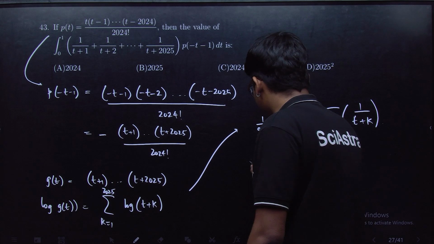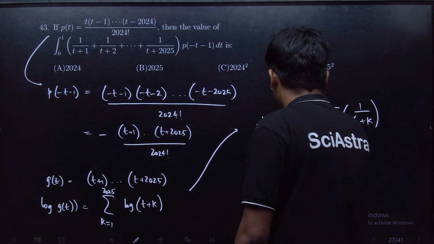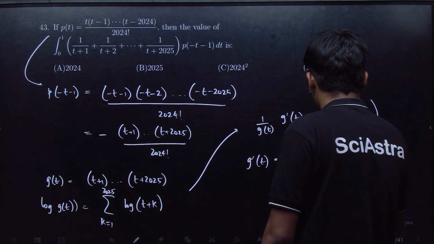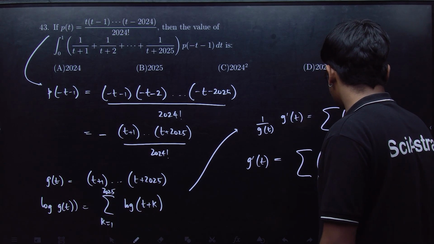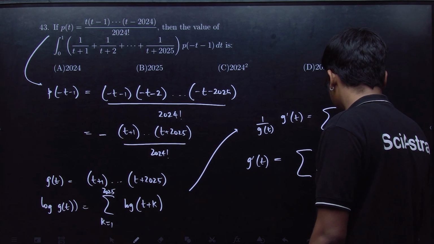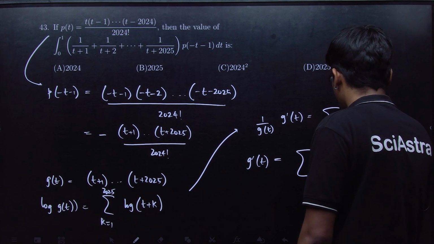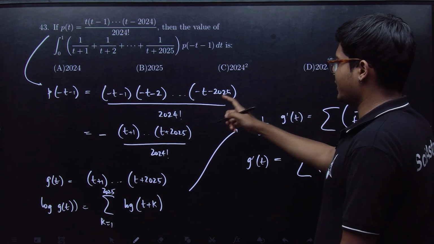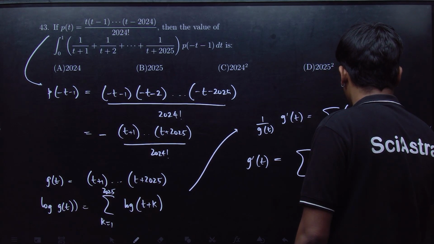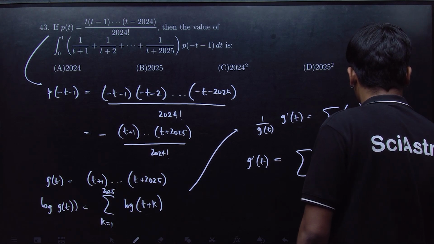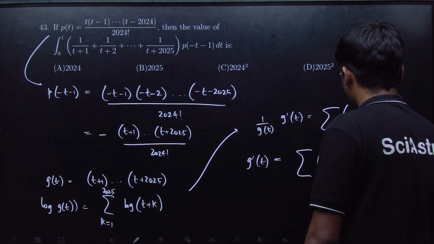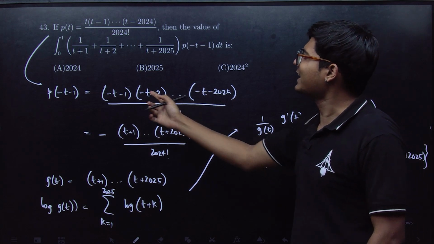So basically g prime t is equal to summation of 1 by t plus k times g of t, which is basically this product t plus 1 till t plus 2025. This is what we'll get. And we are basically trying to integrate this times some constant.